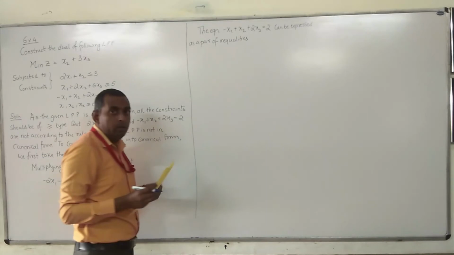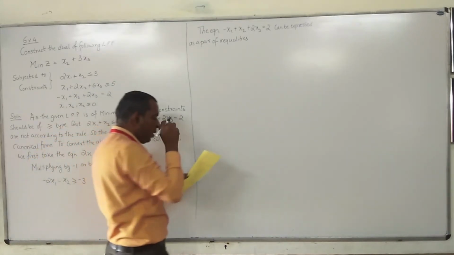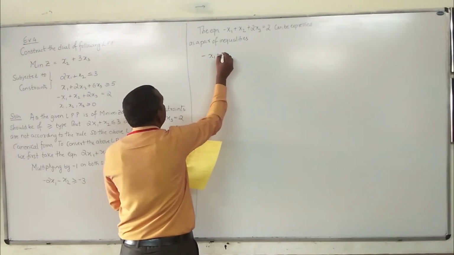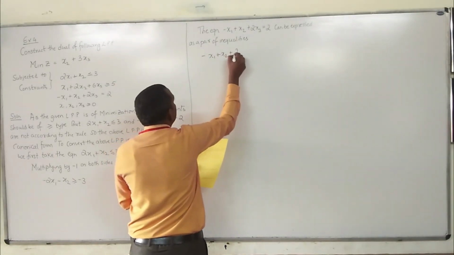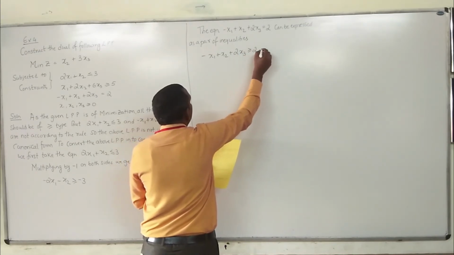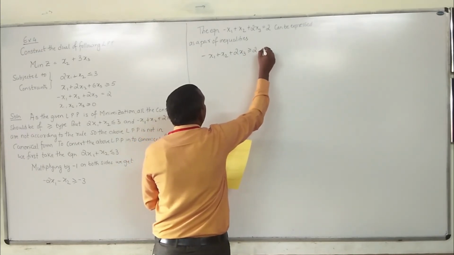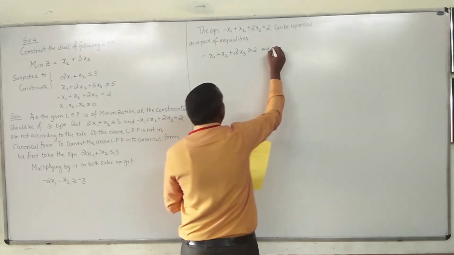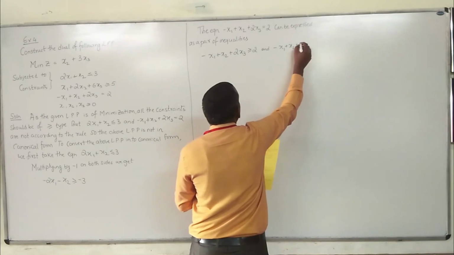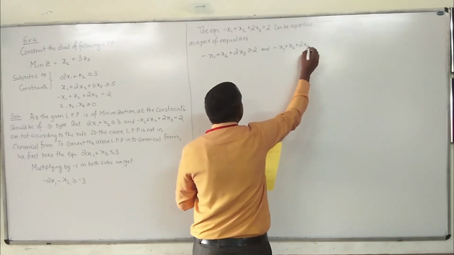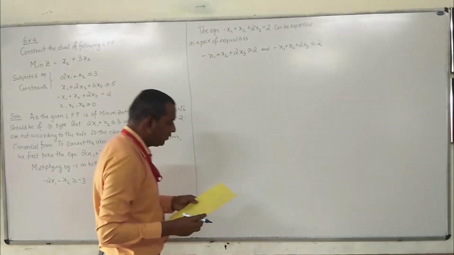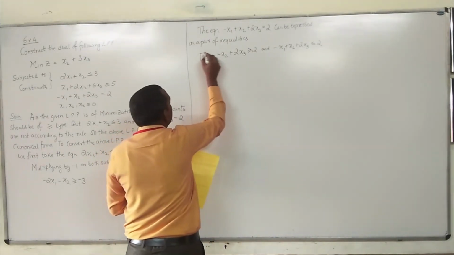It can be represented as minus x1 plus x2 plus 2x3 is greater than or equal to 2, and minus x1 plus x2 plus 2x3 is less than or equal to 2. So I will express it like this. Let me put it in the box.